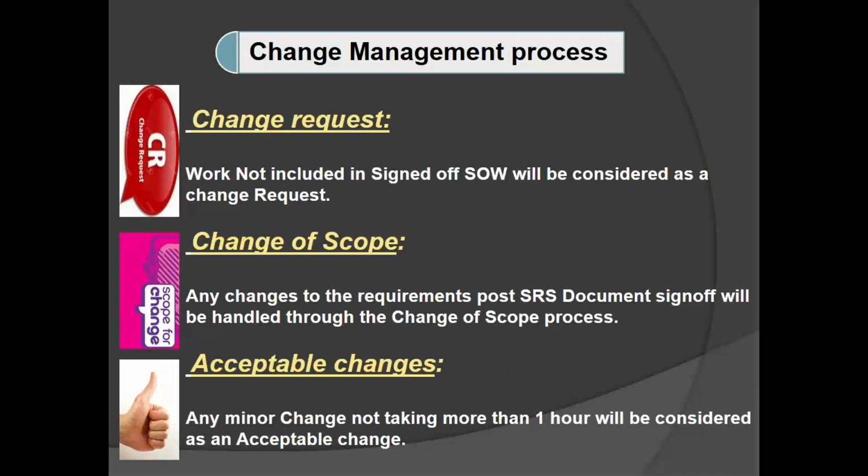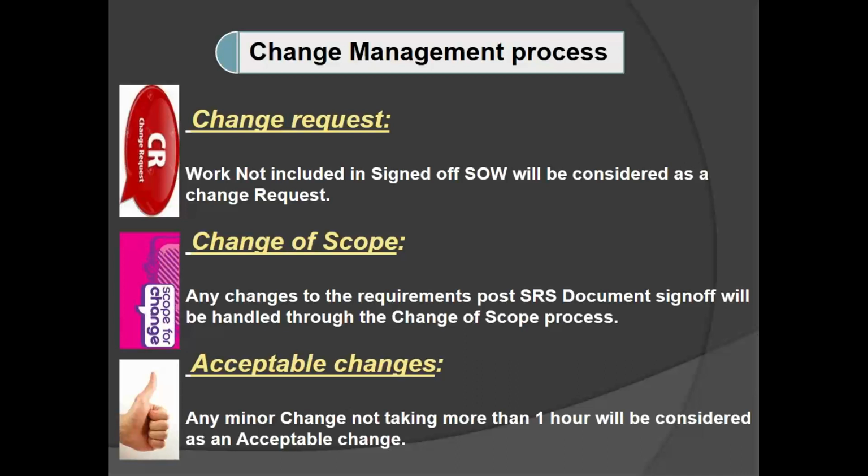So let me explain. Whenever the client is going to give a project to the IT company, there will be a team called the HR team or onboarding team. They are going to assign this project to a project manager.